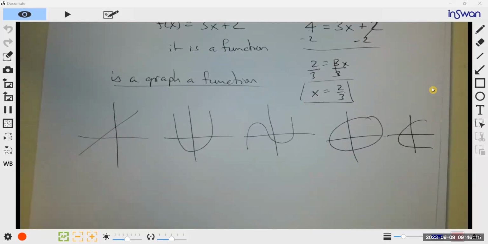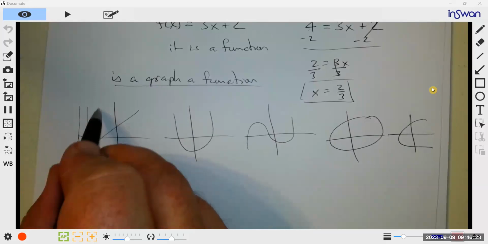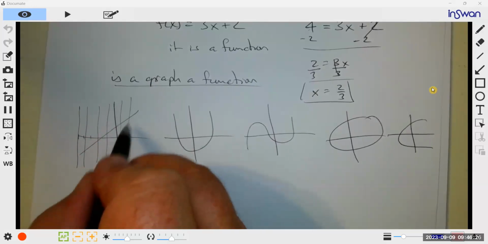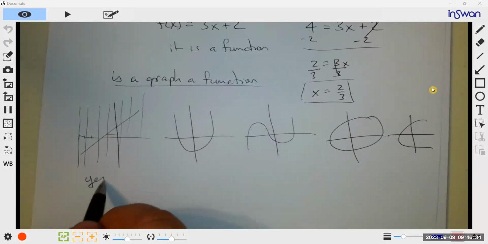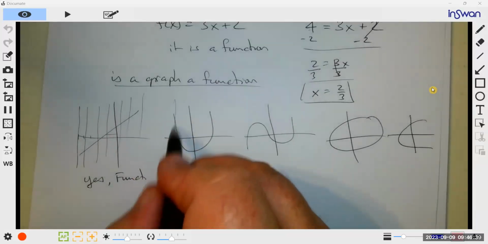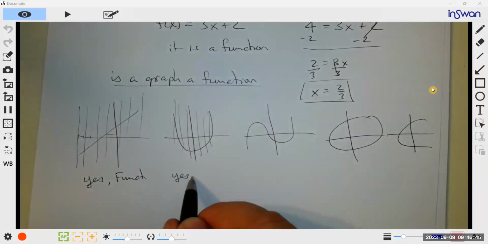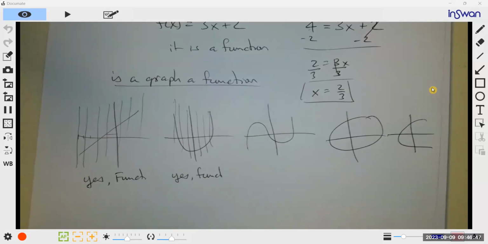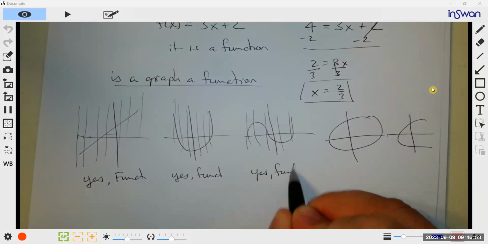Is this one a function? The way you check a graph is much easier. For every x value, if I drew a vertical line, does it touch the graph only once? Because if it touches only once, that's only one y value. So yes, this is a function. Same thing here. I keep on drawing vertical lines, and it only touches it once. Yes, it's a function. Same thing with this one. Yes, it's a function.